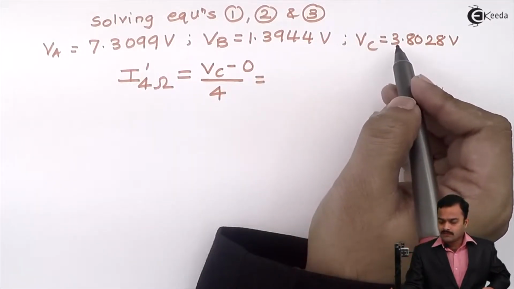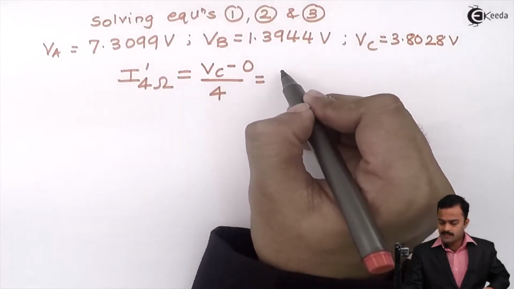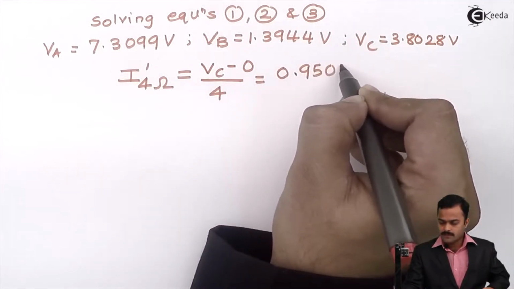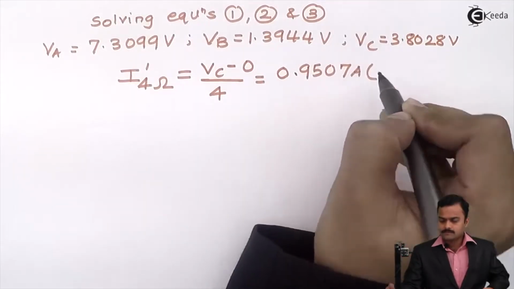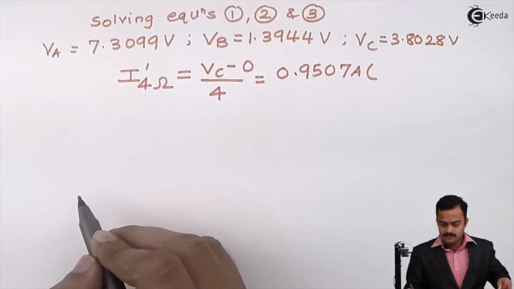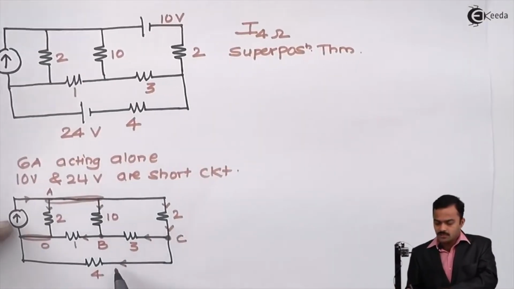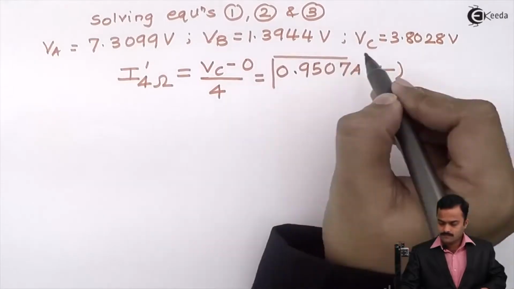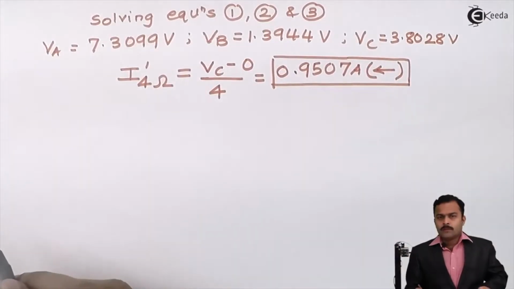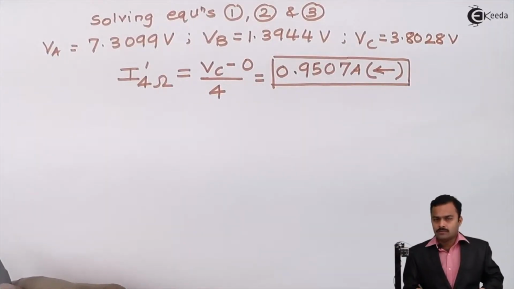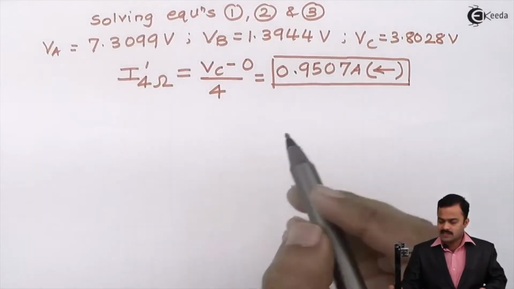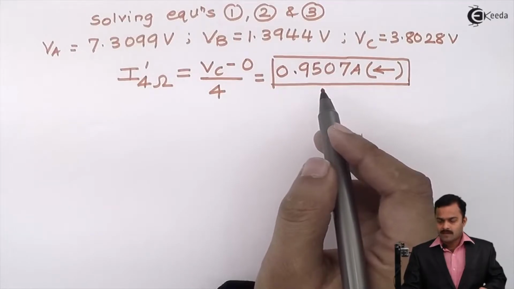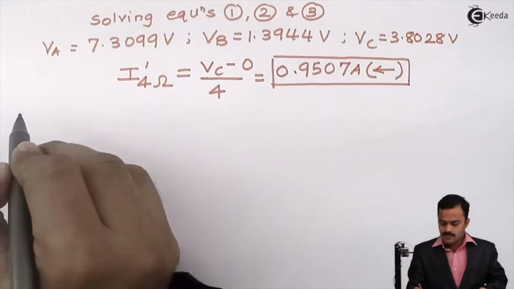After substituting the value of VC, I will get current 0.9507 ampere. Positive current, so the direction that I have assumed, I will keep as it is. So because of 6 ampere acting alone, current flowing through 4 ohm resistance, I am getting 0.9507 ampere. Same analysis we have to do for second source.